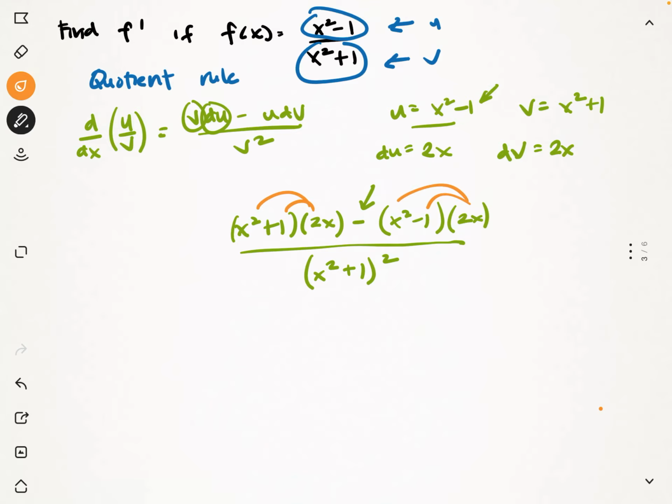So 2x times x squared is 2x cubed. 2x times 1 is 2x. Minus, and I'm going to put parentheses here, right? Because we said the minus applies to the whole right side. So we're going to do 2x times x squared is 2x cubed again, minus 2x.